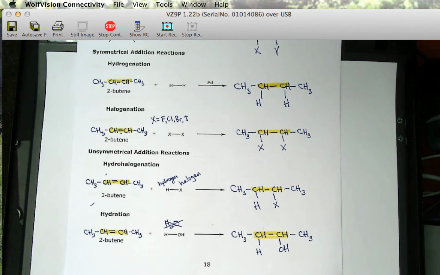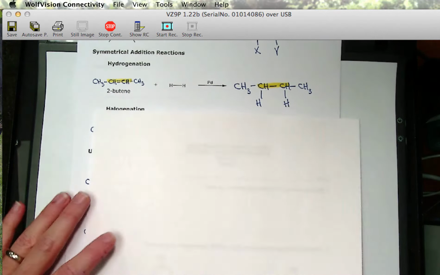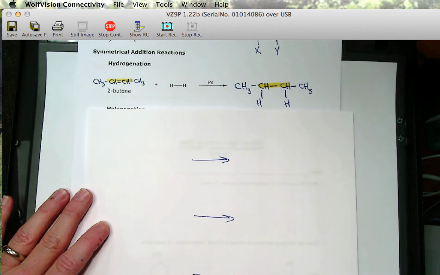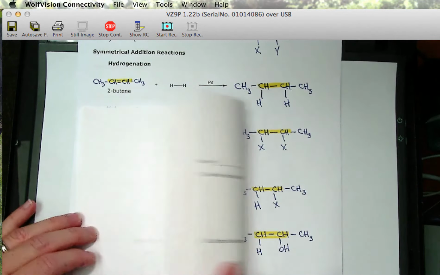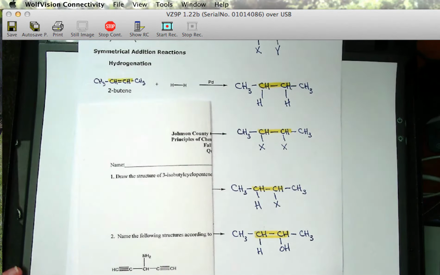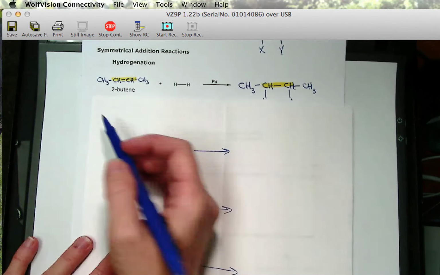I always encourage students to make flashcards or practice sheets, but what you can do is have a sheet of paper that you fold in half, and I know some of you do this already, where on one side you have the reactants, on the other side you have the products. Or you could imagine doing this for each reaction. On the front of the card you have the reactant, on the back of the card you have the product. And you can have the names as well.